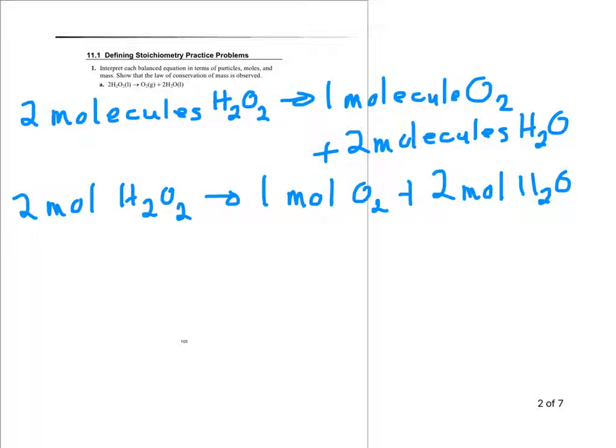In terms of grams, it's one that requires a little bit of work, so we need to go through and change each of these moles to grams. So the molar mass of H2O2, we have to figure that out, and if you calculate that out, you should get 34.02 grams per mole.